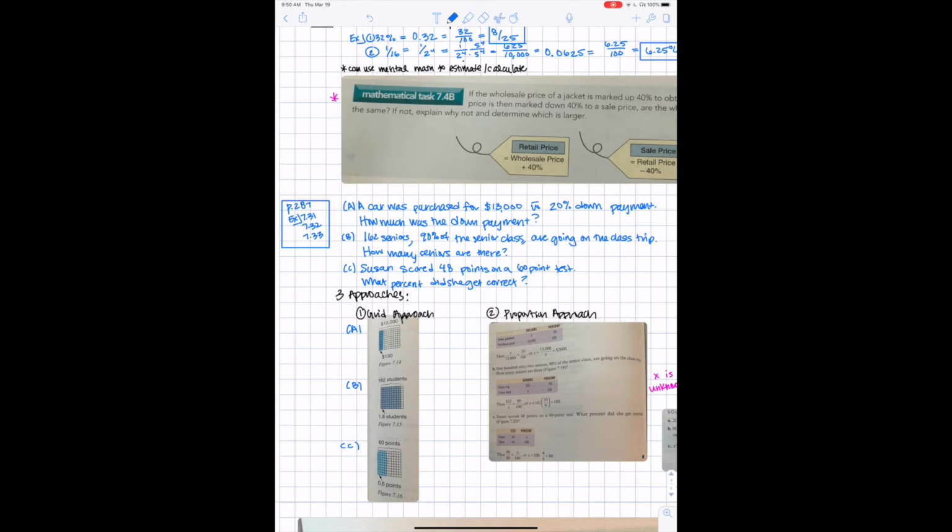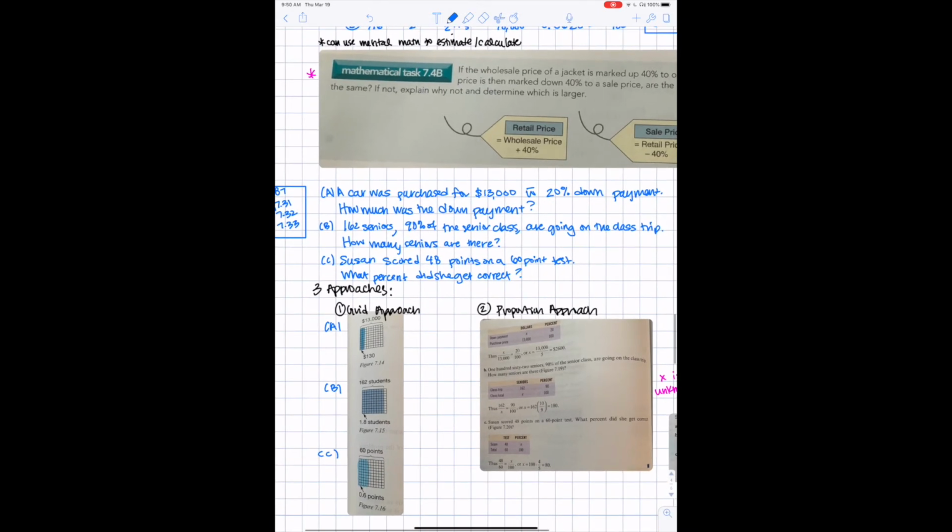In the grid approach, the idea is that we want to have a visualization of this proportion or percentage that we have. For this first problem, what the grid represents is the entire $13,000. So this whole grid represents $13,000. What we want to know is what 20% of that $13,000 is.